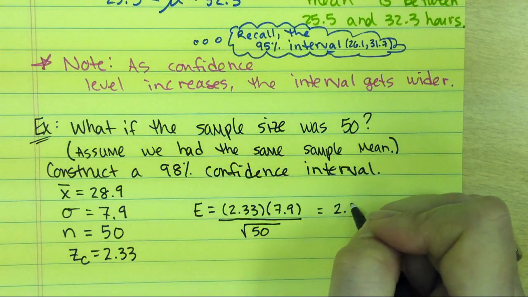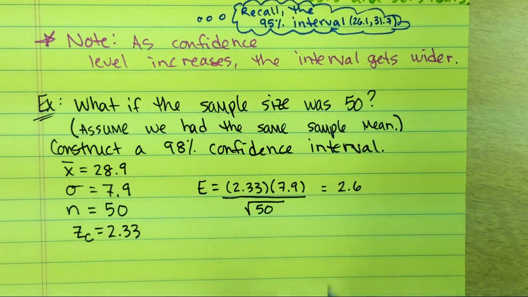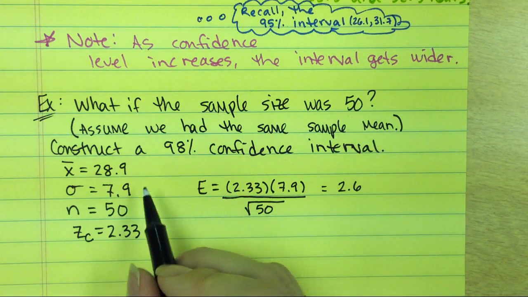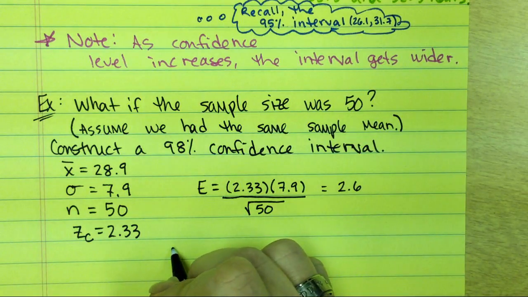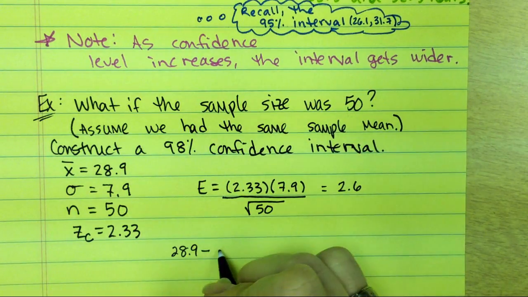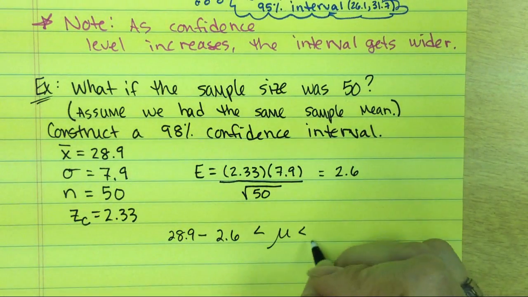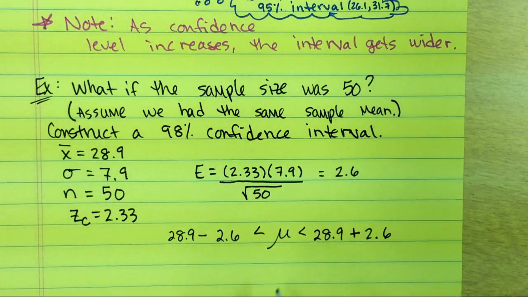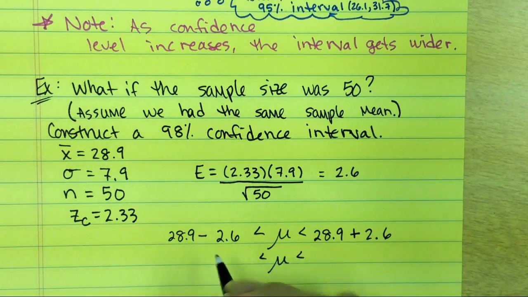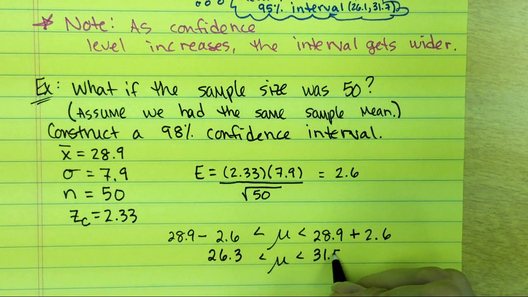And that's going to give us 2.6. So then to construct our interval, remember we take our sample mean minus our margin of error, so 28.9 minus 2.6, and the mean will be between that value and our sample mean plus our margin of error. So mu is between 26.3 and 31.5.